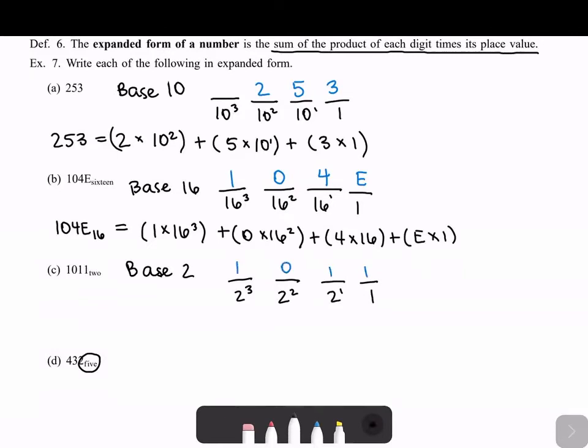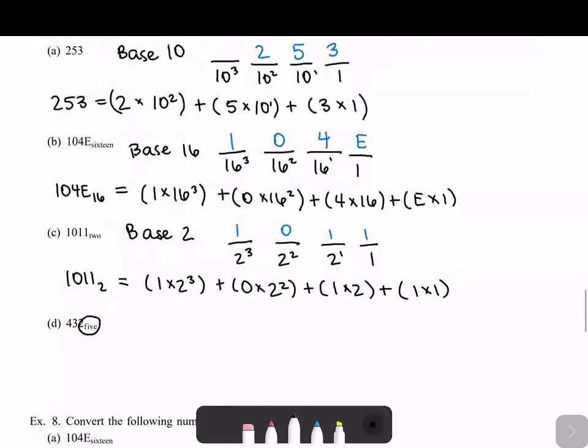So again, this has the 2 written out in words, but we can also represent it by a numeral 2 for our base. So this is 1 times 2 cubed plus 0 times 2 squared plus 1 times 2 plus 1 times 1. And this is how you can write that out.